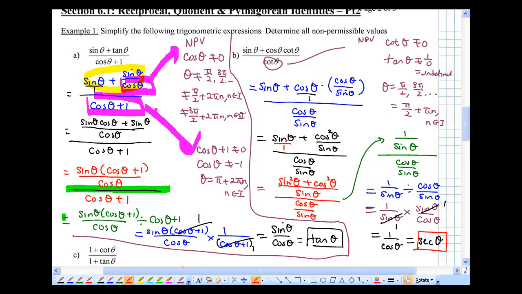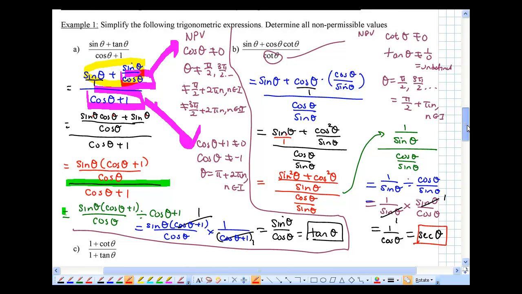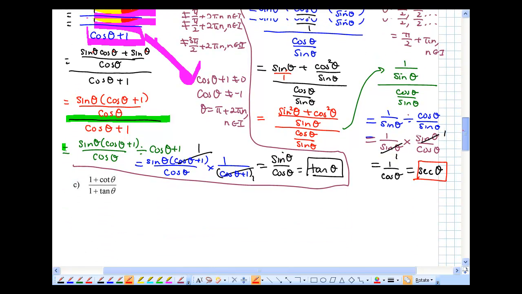Okay, here's another one for you. Okay, 1 plus cotangent theta over 1 plus tangent theta. Well, I'm going to do the NPVs first. Actually, you know what? I won't do that yet.